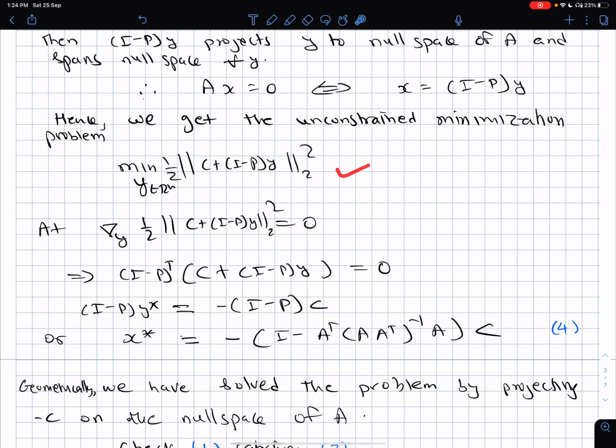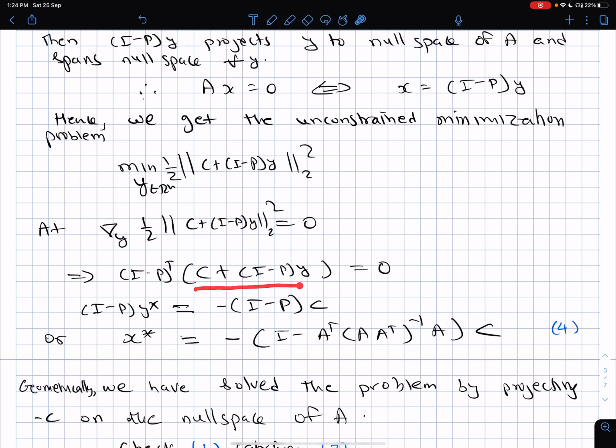So to evaluate the solution, I have to set its gradient with respect to the variable y to 0, which amounts to saying that the gradient of the length of c plus x, whole square, would have been just c plus x.